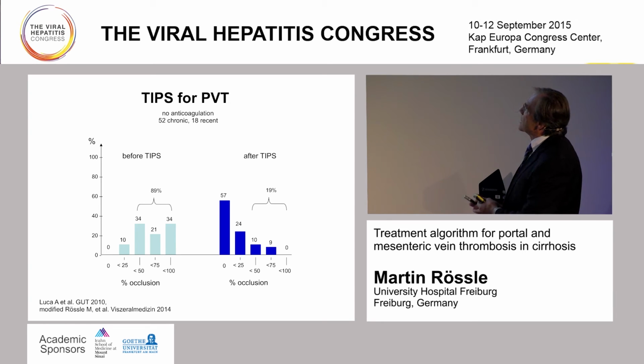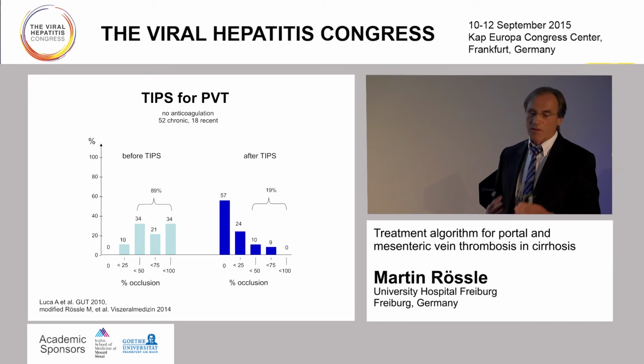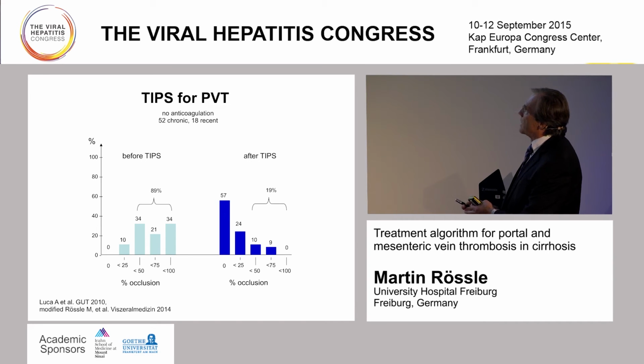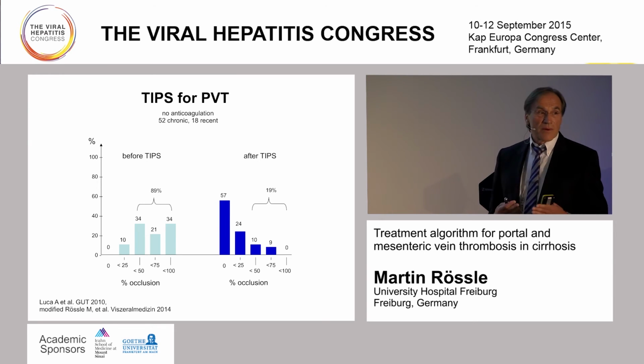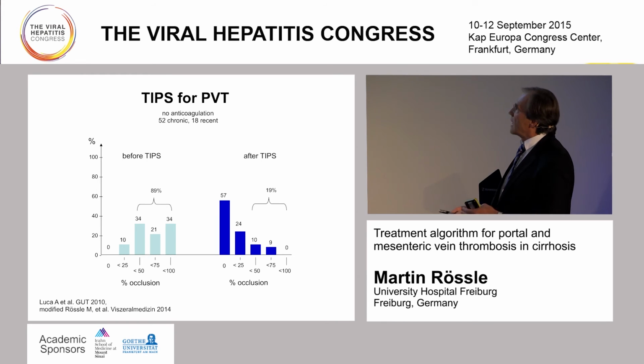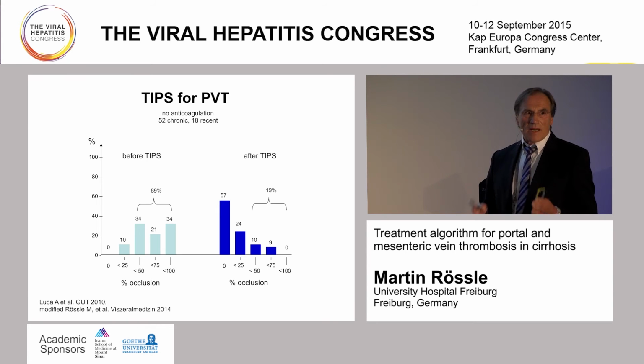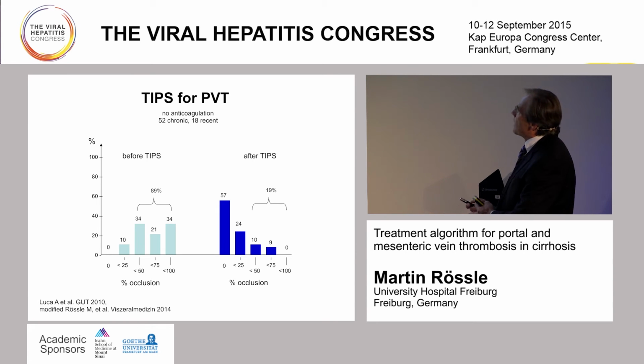This is the situation before the TIPS implantation, and this scale shows you the percentage of occlusion of the portal vein. You see here below 25, below 50, below 75, and below 100% occlusion of the portal vein. You see this group of patients, 55%, have an advanced portal vein thrombosis, and these patients may have a mild portal vein thrombosis. What happens after the TIPS procedure?